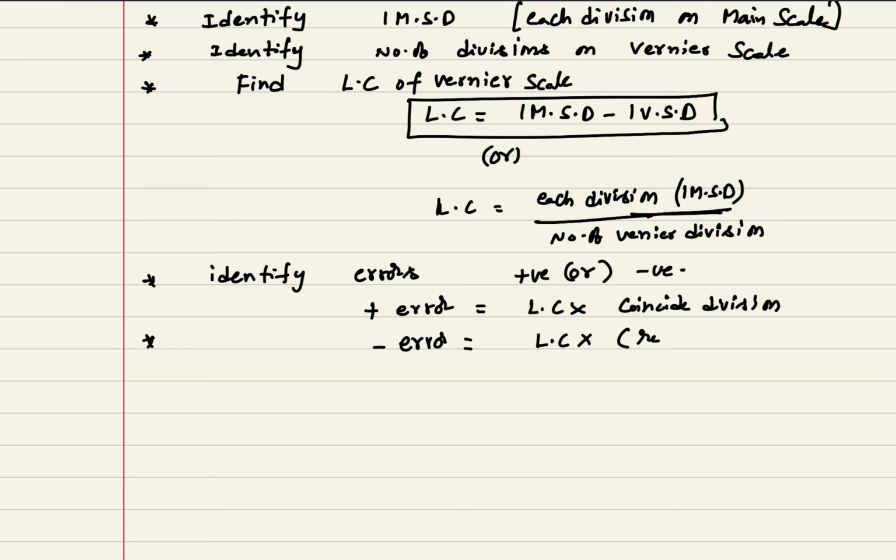So you can write the reading of number of divisions on vernier scale minus LC into coincide division.